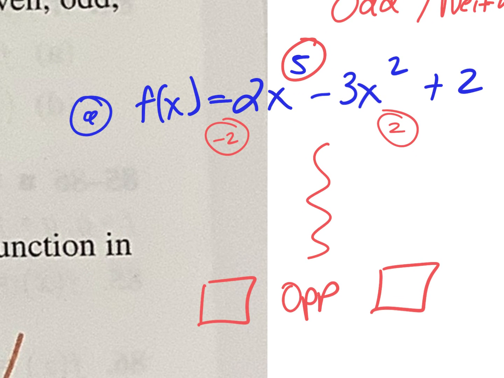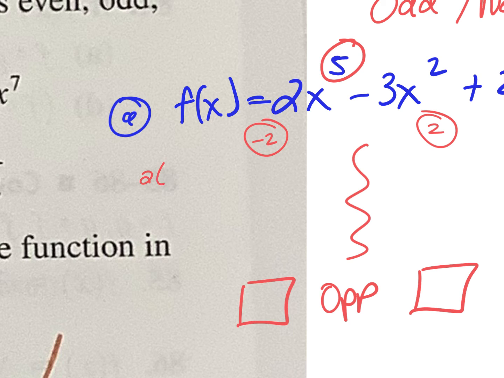If you want to use a bigger number, that's perfectly fine. Just understand you guys don't have calculators. So take your time when you're doing this. I have 2 times negative 2 to the 5th power minus 3 times negative 2 squared plus 2. What is negative 2 to the 5th power?